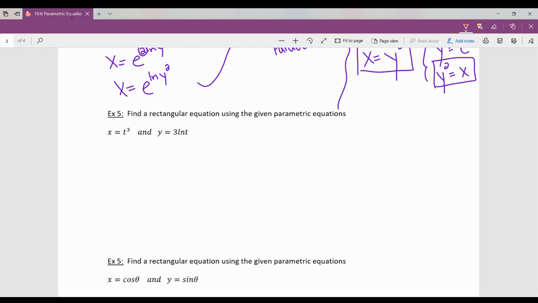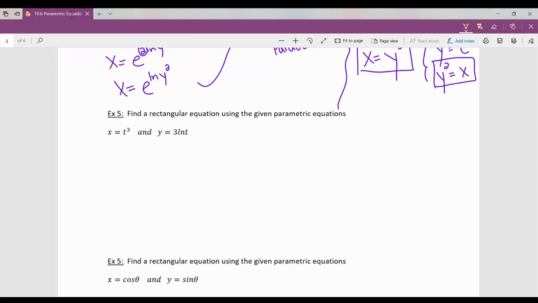Because yeah, we could solve for t by doing the cube root of both sides for the x, or we could solve for t by dividing by 3 and then doing e to both sides, but both of them kind of complicate things. So with a new set of eyes, is there a way that I can substitute in to get rid of the t's, but have it only in terms of x and y and not having to solve for t?